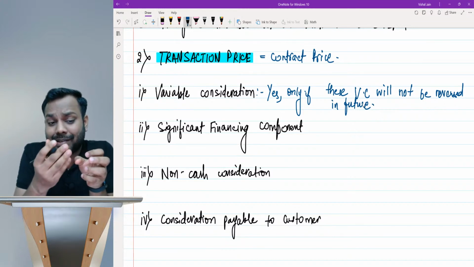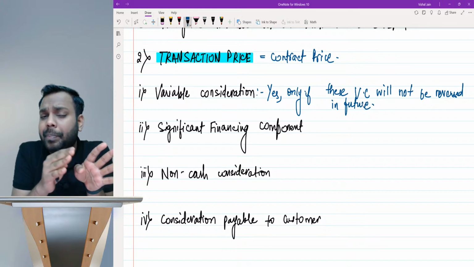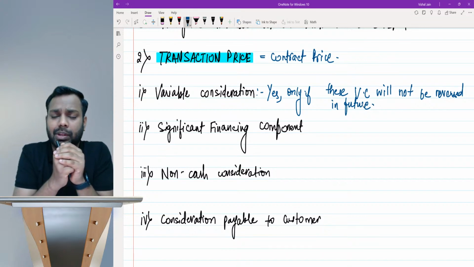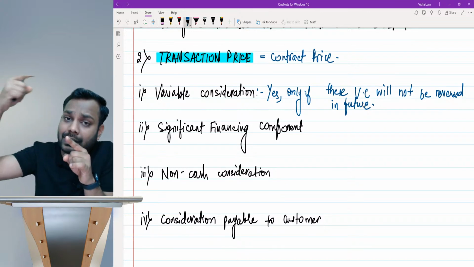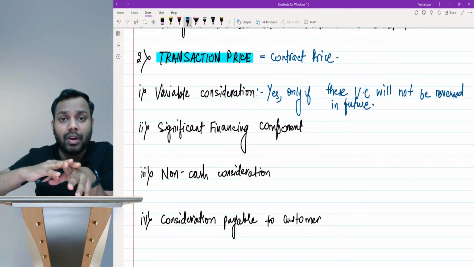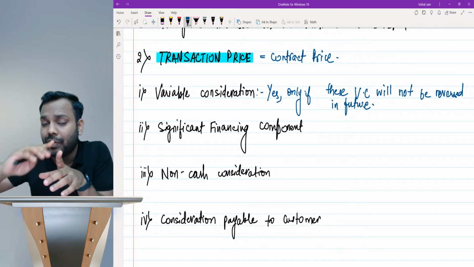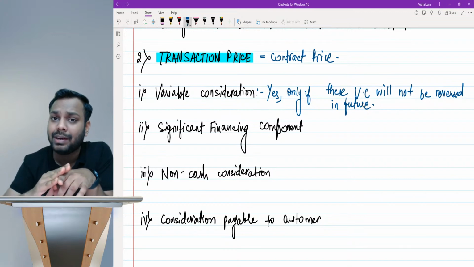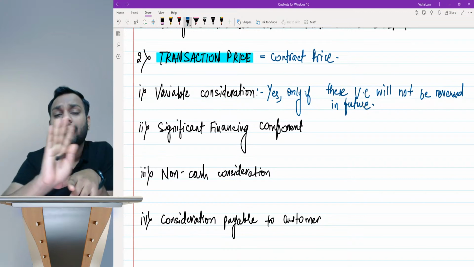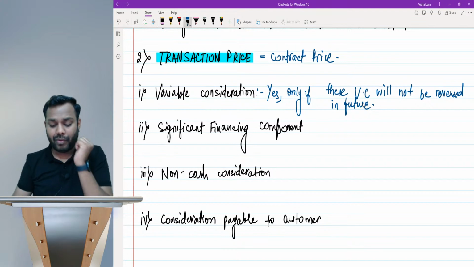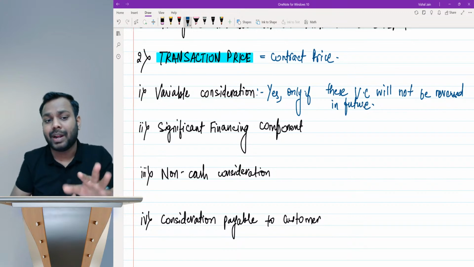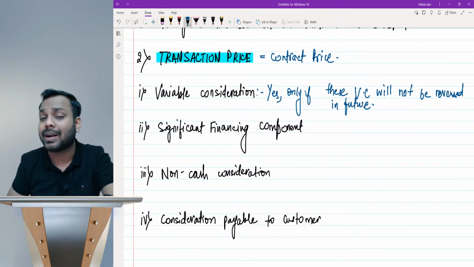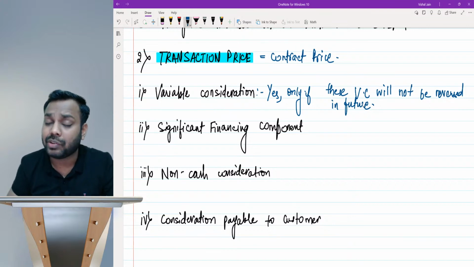Whether the consideration will be paid or not is dependent upon some future conditions, right? So when that uncertain future condition is resolved, you will not reverse this variable consideration. Basically, when you have a high probability that you will be able to satisfy the future condition, only then recognize variable consideration as a transaction price, otherwise do not recognize.